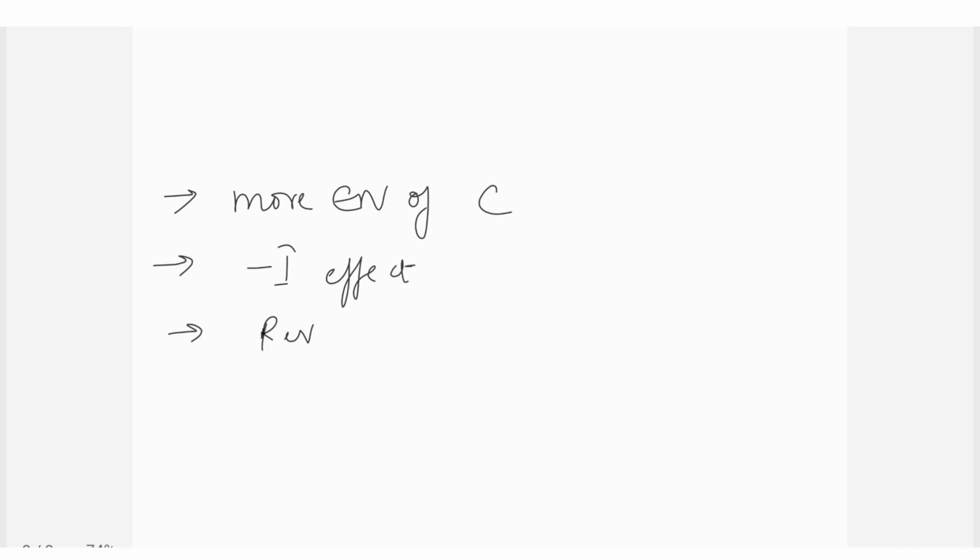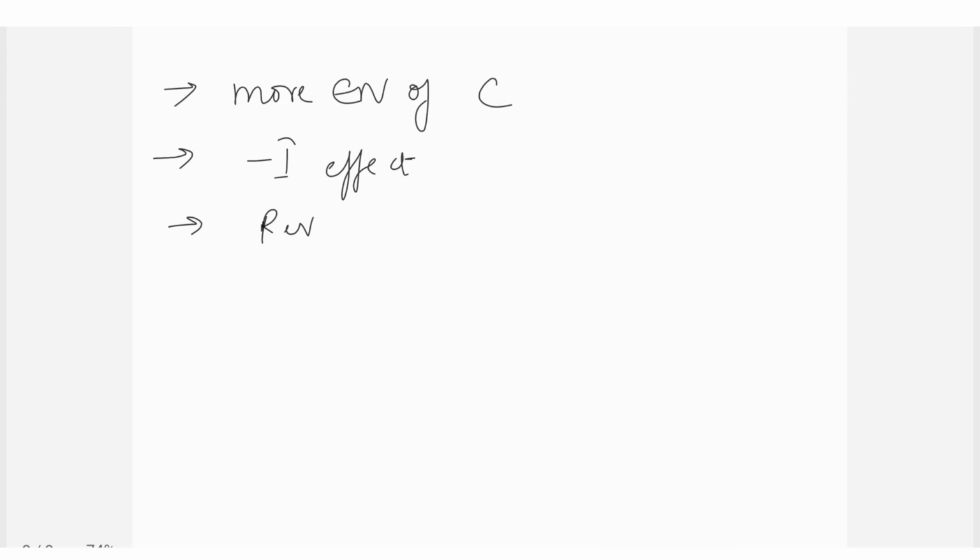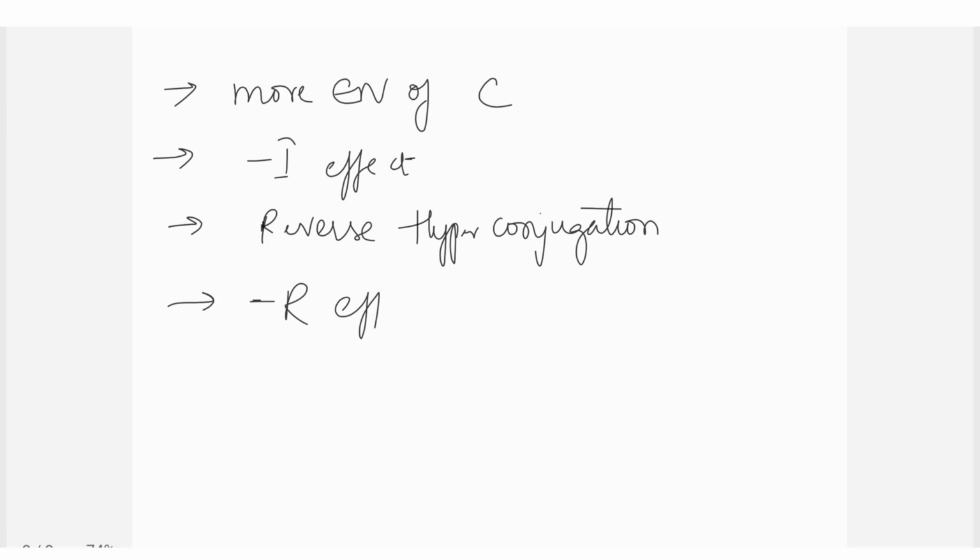If you have doubt about what reverse hyperconjugation is, there is a video on reverse hyperconjugation, you can go check that out. Reverse hyperconjugation supports the carbanion stability. Then comes the minus R effect. Since the carbanion is electron rich, all the factors or phenomena where electron withdrawing is present will support the carbanion stability.